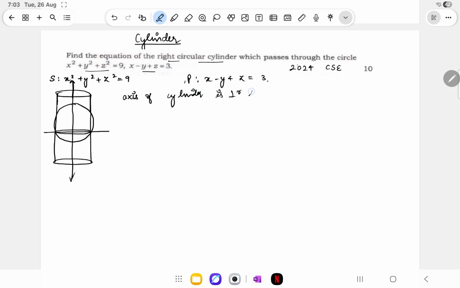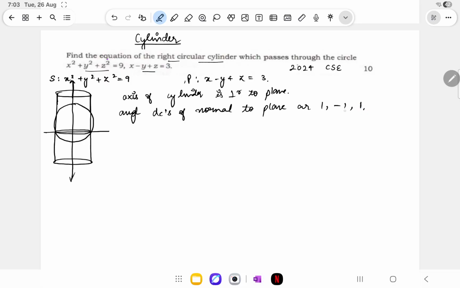is perpendicular to the plane of the circle formed by the intersection. By the equation of the plane, the direction ratios of the normal to the plane are 1, minus 1, 1.